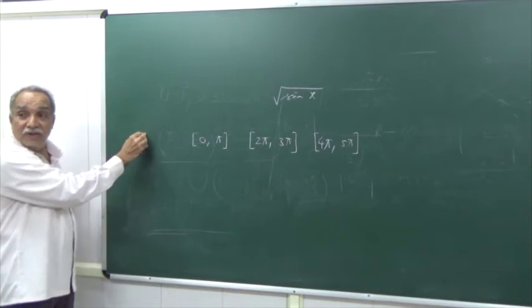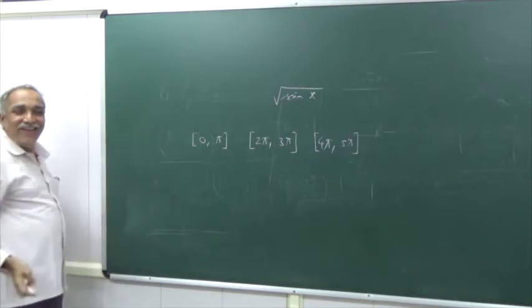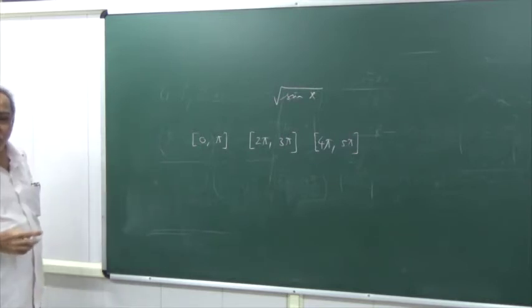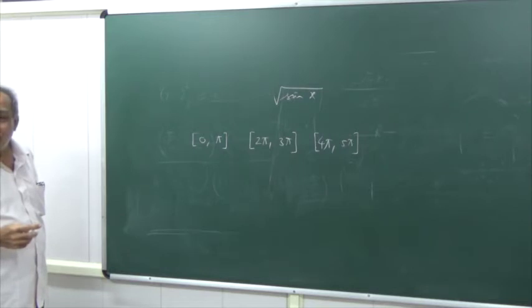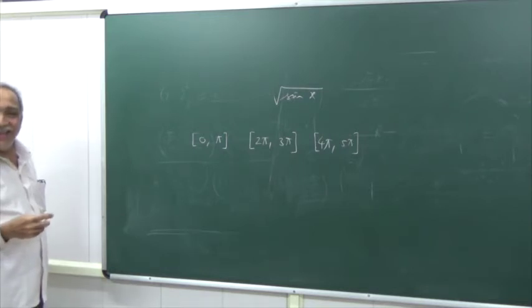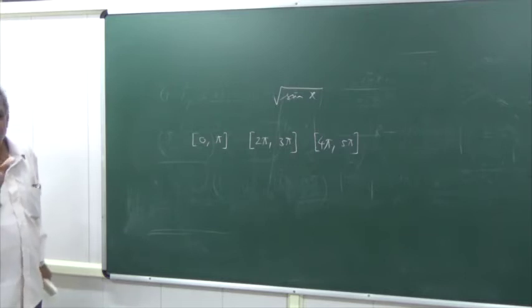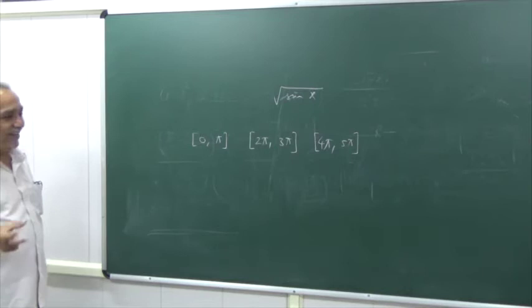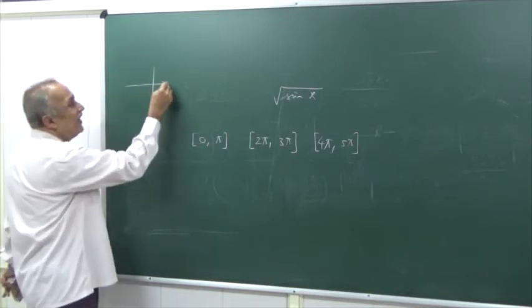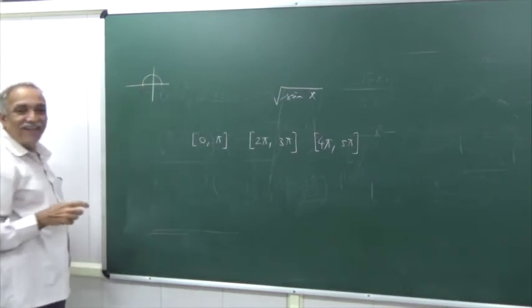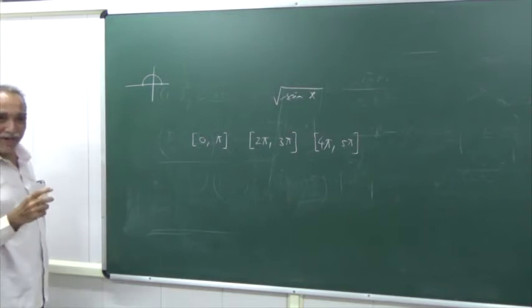Minus pi to minus 2 pi to interval length can be only pi, not 2 pi. Minus 2 pi.